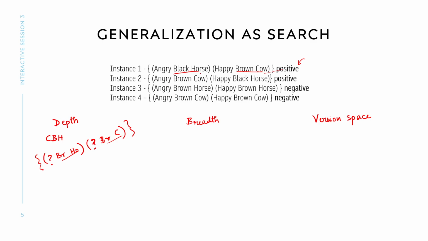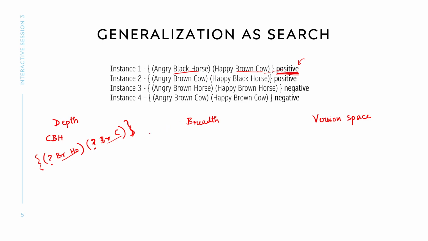It can be an angry brown horse and a happy brown horse, but it can't be both. But that is my first positive example, which is an angry black horse and a happy brown cow. So this positive example is not covered by this generalization, so this generalization will incorrectly classify it as negative.